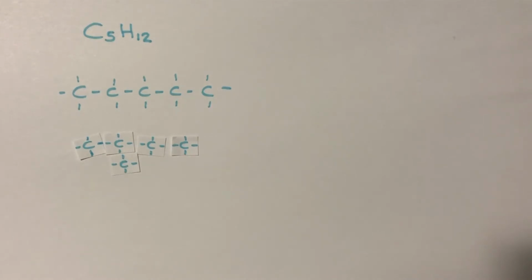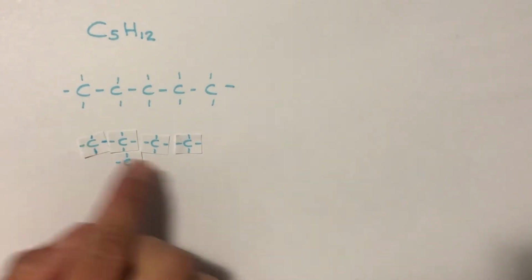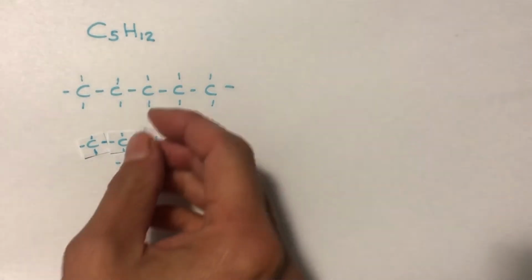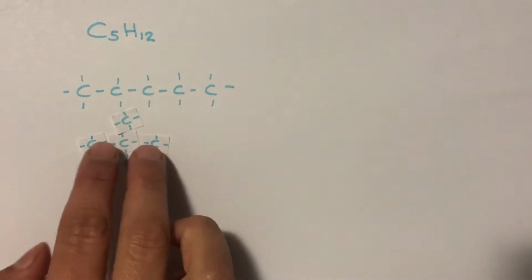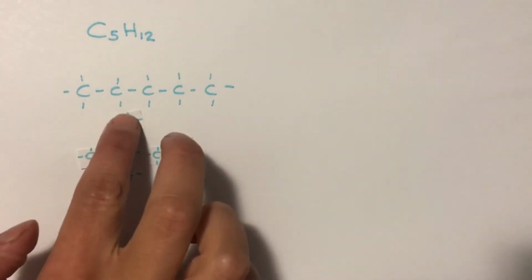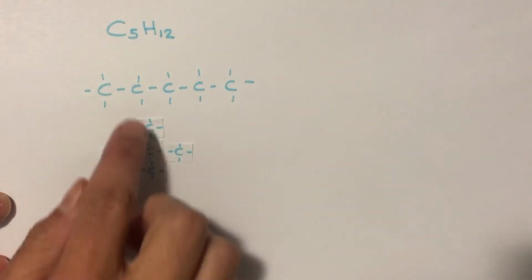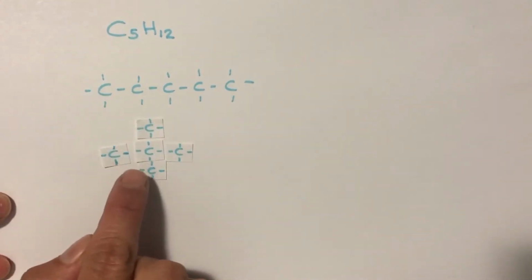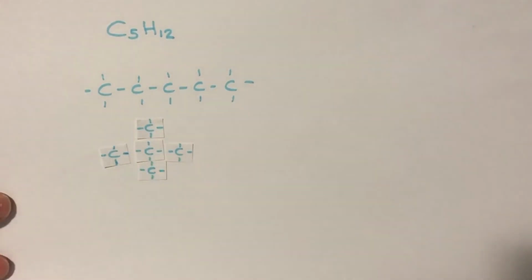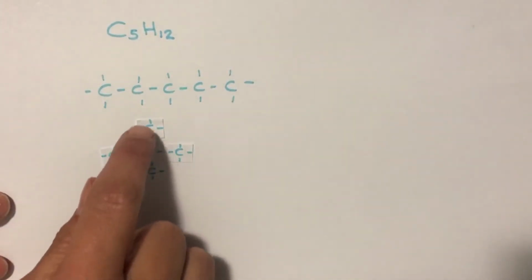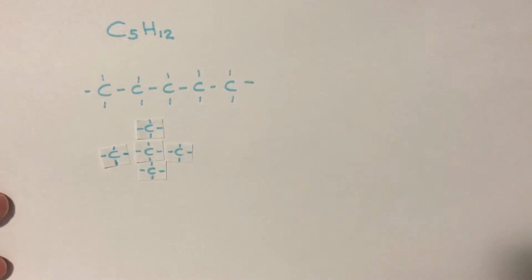Another variation that we could have is if we have 3 in a chain, and we have another methyl group that's broken off, and it might go and sit there. By doing this, we have 2 methyls on the second carbon, and the main chain is a propane. So this one will be called 2,2-dimethyl propane.